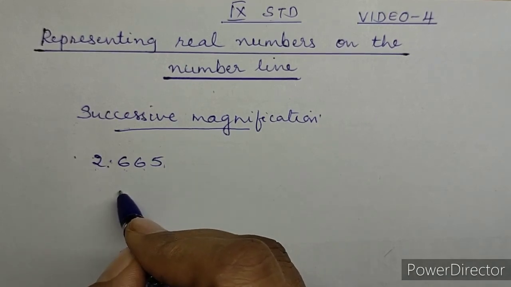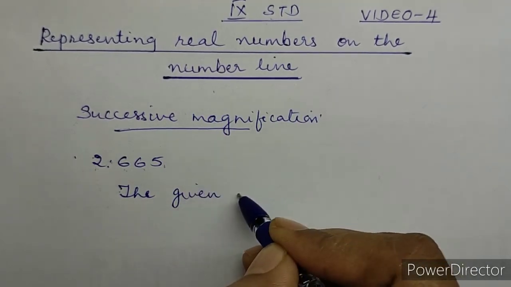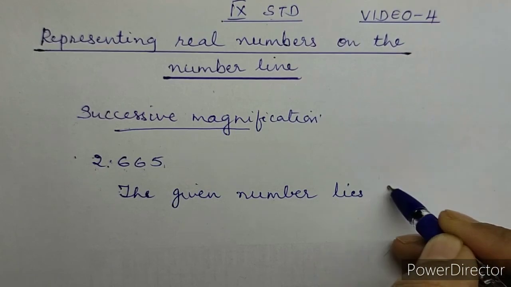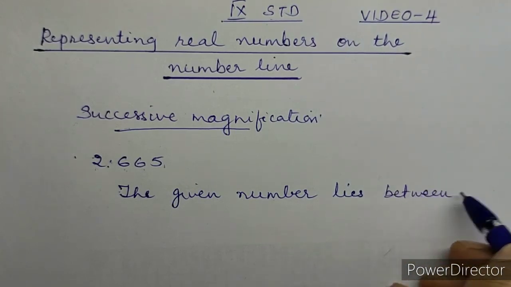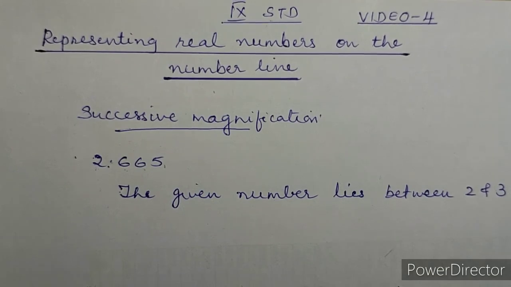First you have to write that the given number or decimal lies between 2 and 3. If we look closely at the portion between 2 and 3, we can see on the scale 10 equal parts between them. So we are magnifying that portion between 2 and 3 and drawing one number line.